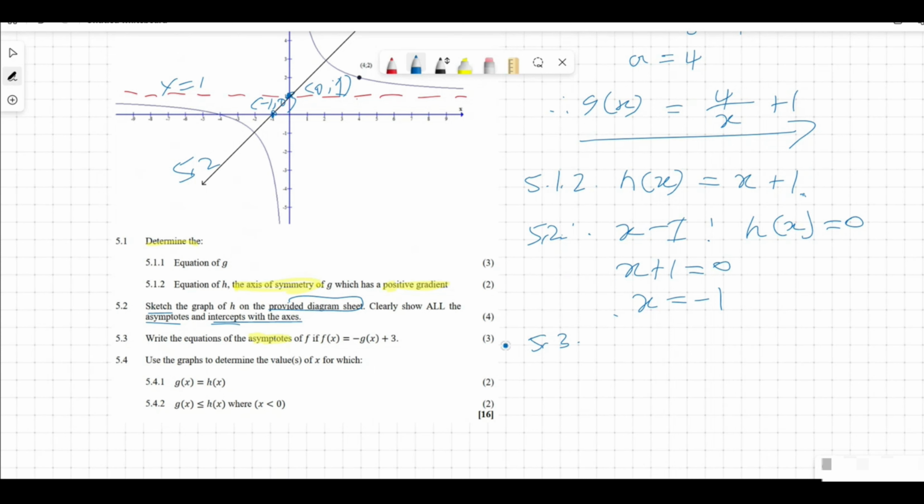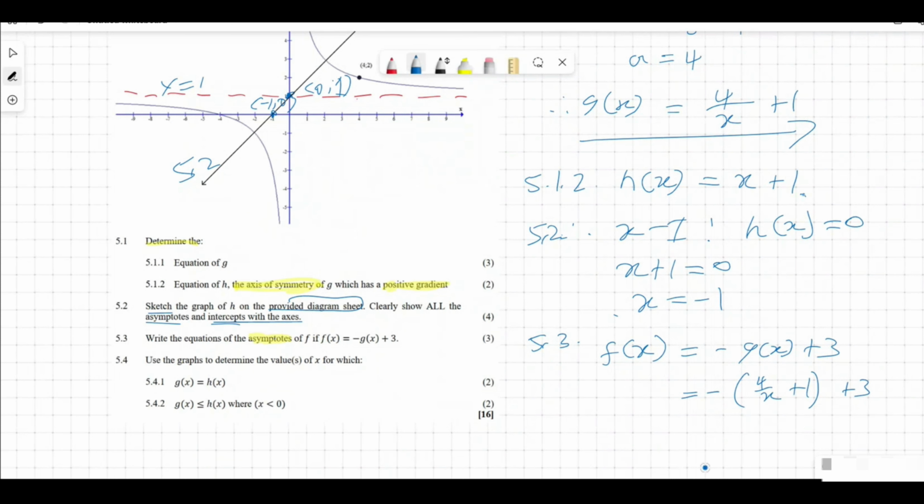So we'll start by trying to see the equation of f of x. So f of x is equal to negative g of x plus 3. So what is g of x? I have a negative outside. g of x is 4 over x plus 1, close bracket, plus 3 outside.